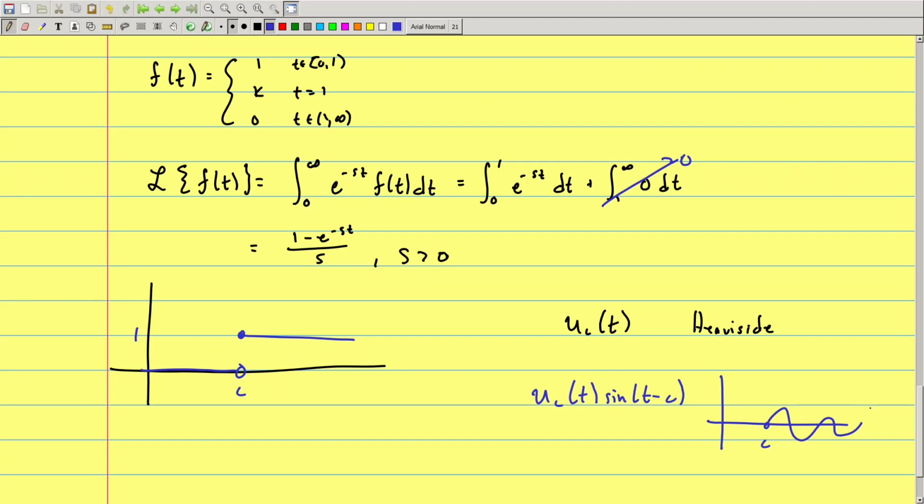It gives us a way to encode different types of things. This is part of why this material is so applicable to electrical engineering, because I can imagine some input function being turned on at some point in the future, or potentially turned off if I add some minus signs in the right places. So that's the utility of that expression.